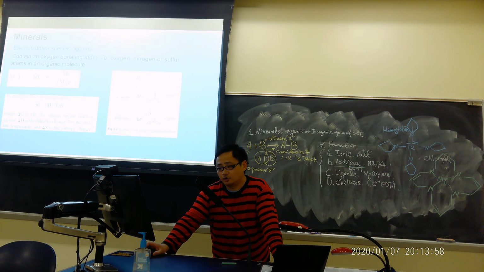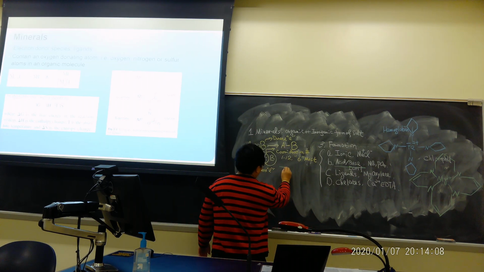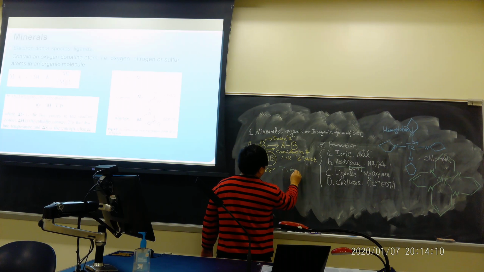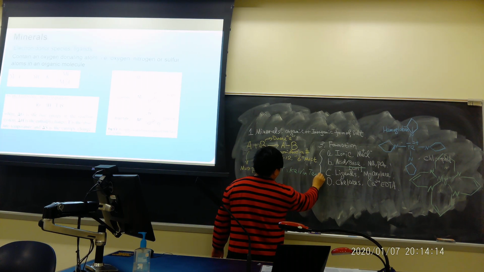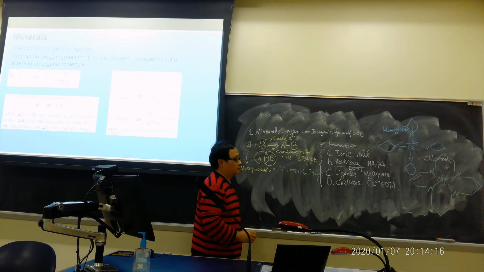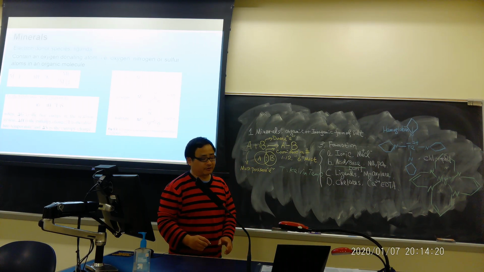Delta H, we call it enthalpy, and delta S is entropy. Now what I want to mention here is the T. That T is Kelvin temperature. It's the international unit of temperature. It is not degree Celsius, not degree Fahrenheit.